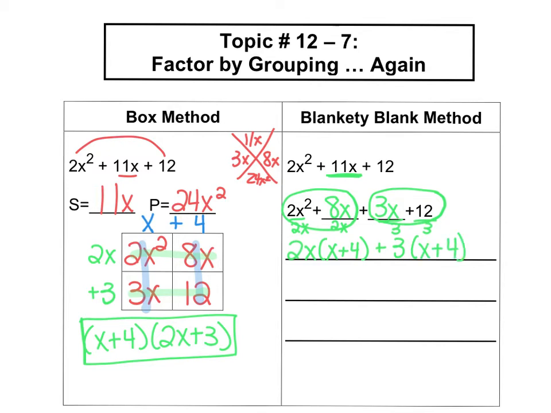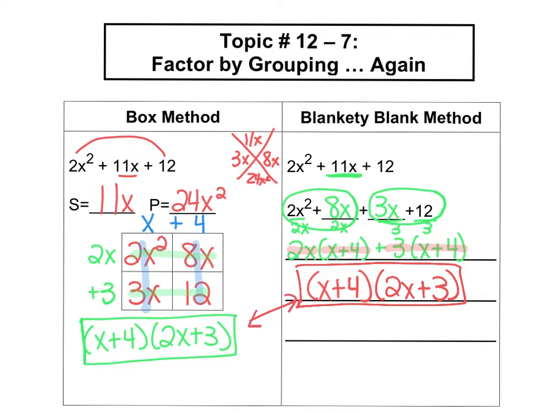So what you can see, I have one term that makes x plus 4, and the other leftovers on the outside come together to make my second factor of 2x plus 3, which you can see is identical to what we got using the box method.